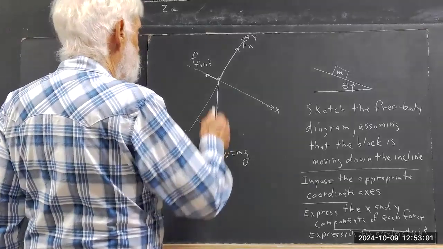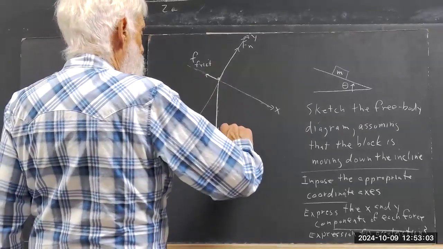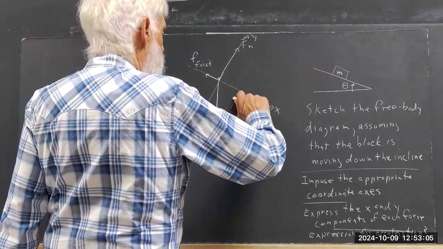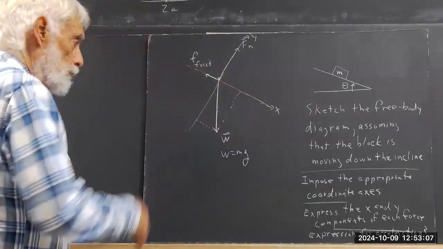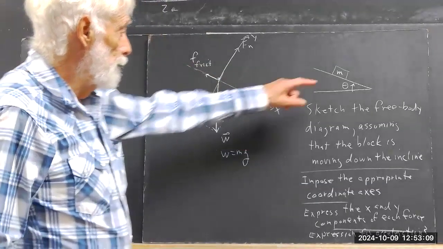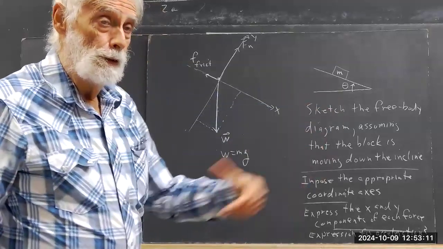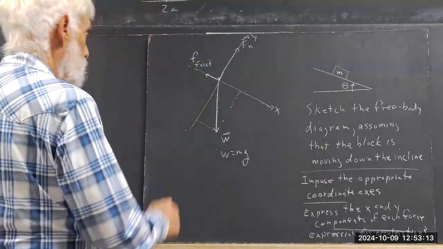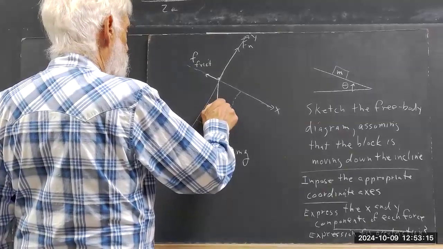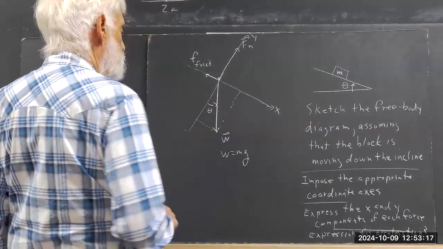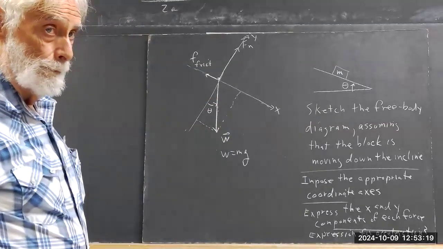You see that W is acting at an angle with your coordinate axes. If this angle is theta, then you can determine this angle is also theta. Make sense?